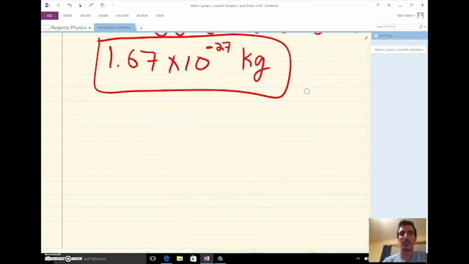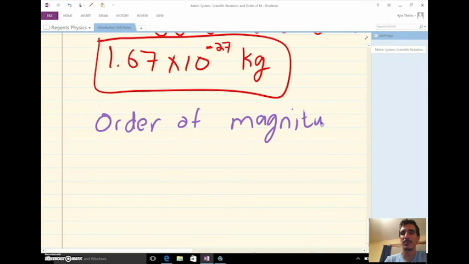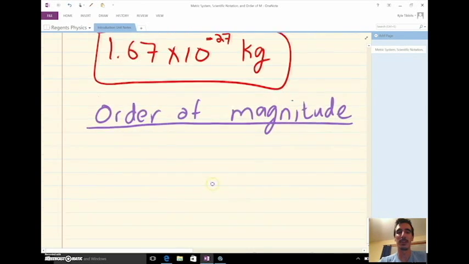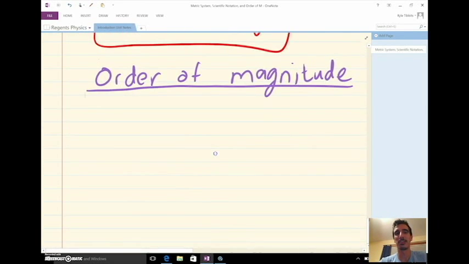Okay, so the last thing is, and this is really quick, the last way of physicists being lazy, and that's the order of magnitude. And this is when we're comparing numbers that are similar in powers of 10, but not necessarily the numbers before it. So all we do is the order of magnitude. Let's say we have 1.35 times 10 to the 22 meters.